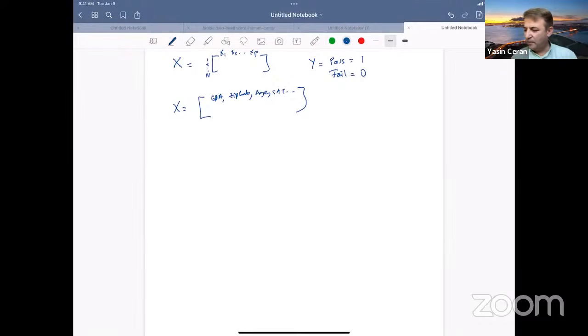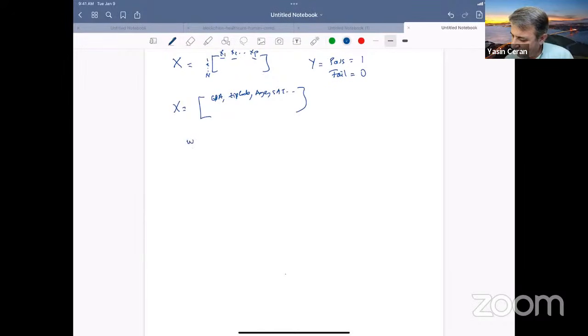Okay, so let's say this is given, and I want to come up with a model. We use a linear model in our linear regression, so I'm going to use the same model here. What I'm going to do is take each of these attributes x1 to xp and multiply them with their corresponding weight. I'm not going into why we are using weights, because we already mentioned that in our linear regression problem.